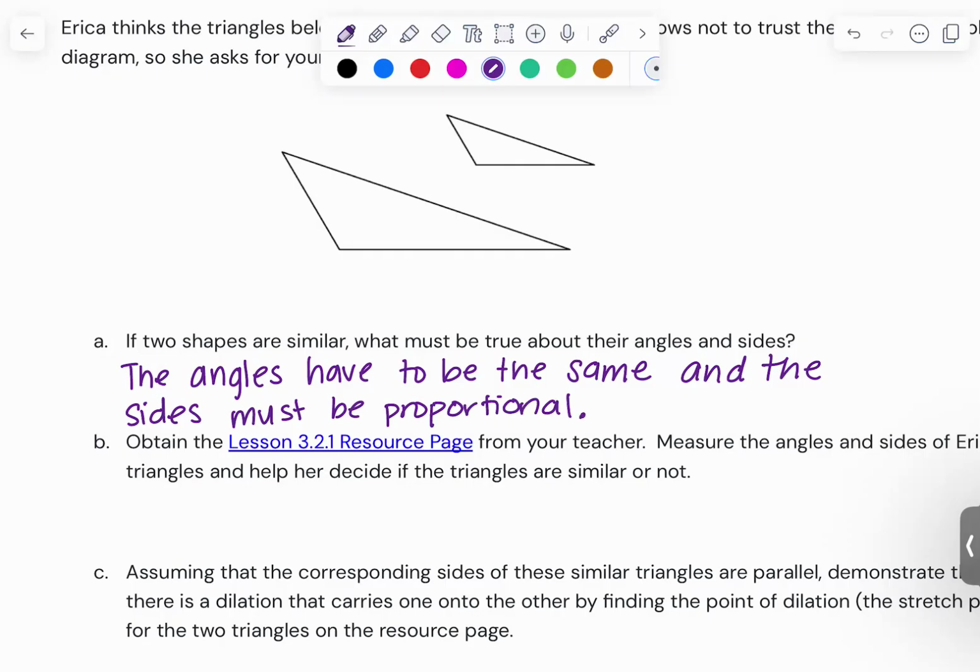That just means, if this is 4, and this is 2, then you are multiplying by half, by a scale factor of half. So if this is 2, then this has to be 1 by definition because you have to multiply again by a half. So you have to have the same scale factor, or be dilating by the same amount, in order for it to be proportional.